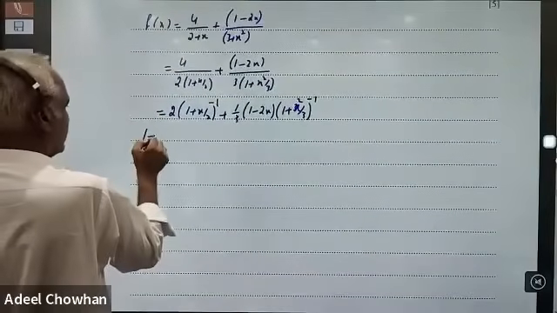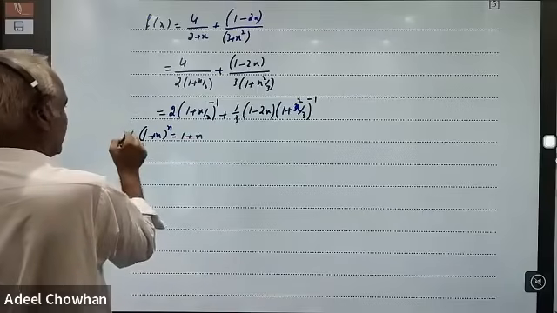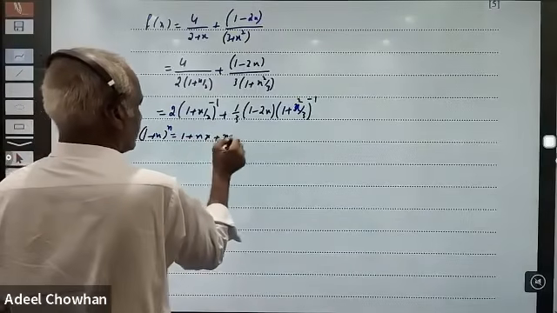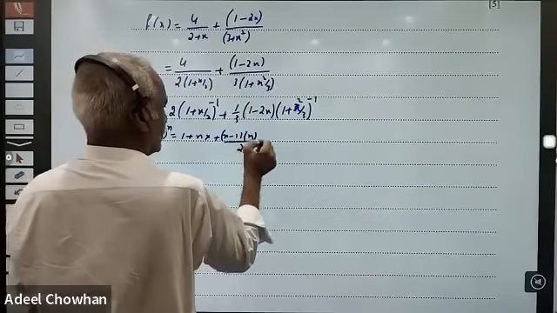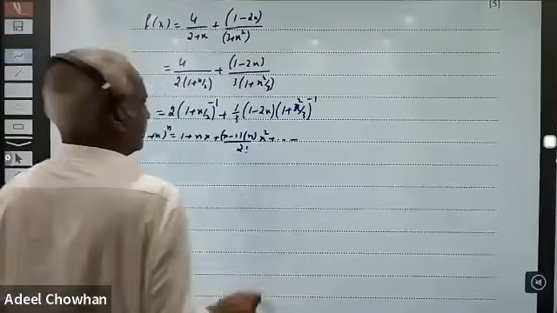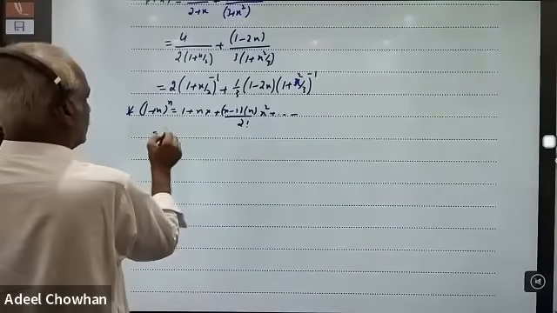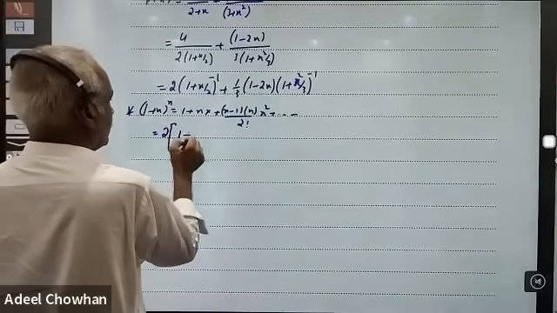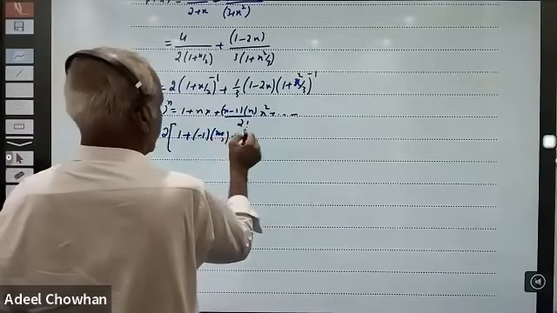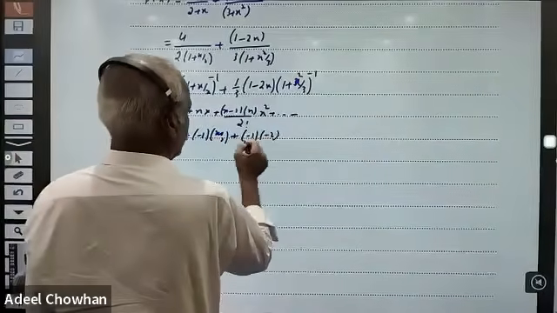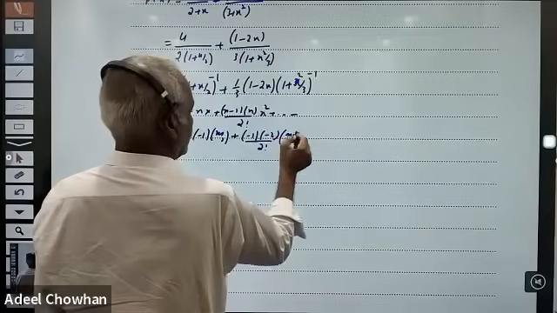By using the binomial theorem, 1 plus x power n is equal to 1 plus nx plus n into n minus 1 over 2 factorial x square and so on, because we are expanding it up to x square. So this should be equal to 2 into 1 plus minus 1 into x over 2 plus minus 1 into minus 2 over 2 factorial into x over 2 whole square.